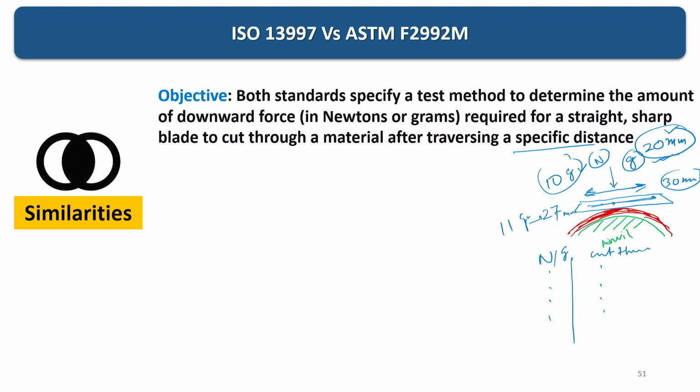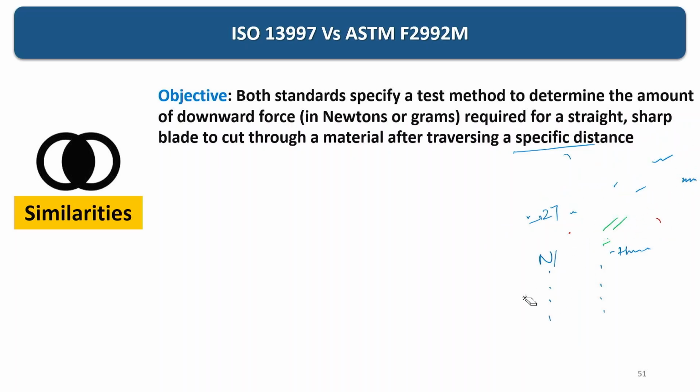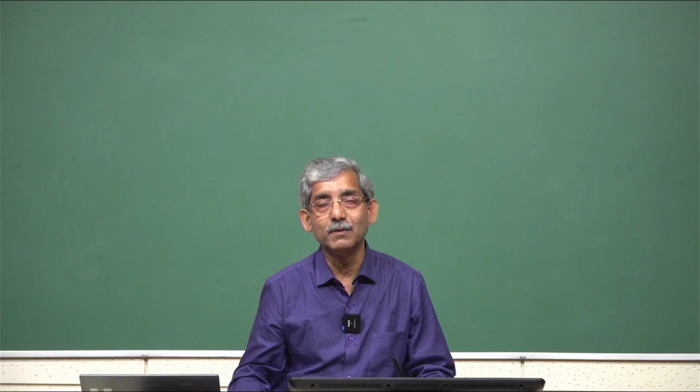That is why this process is not that simple; it requires long experimentation. We will discuss how this test is carried out. As per the standard, the specified distance is 20 millimeter.